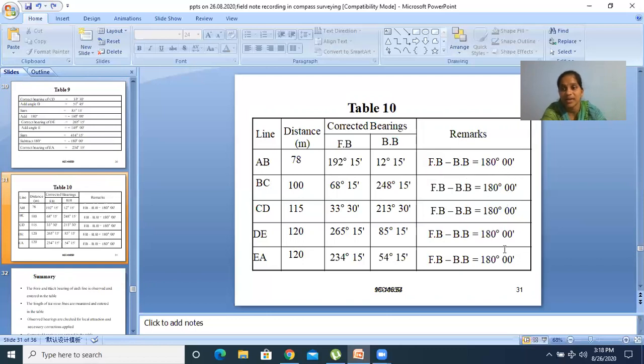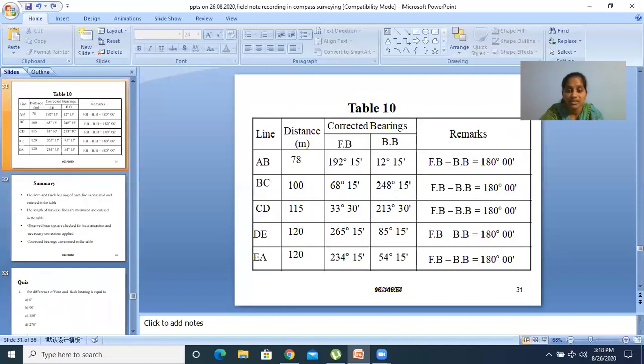Likewise, you have to make the corrections for local attraction, which we already explained. So friends, likewise you can make the correction. Like this, we can record the field by taking the field bearings in the field, and we can do corrections for local attraction if any stations are affected by local attraction.